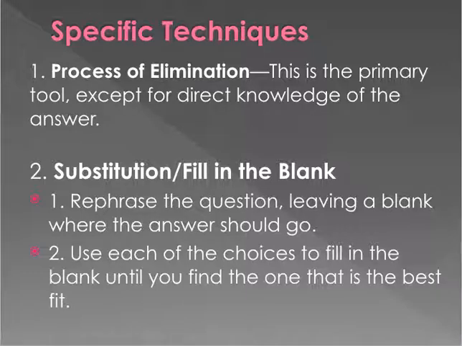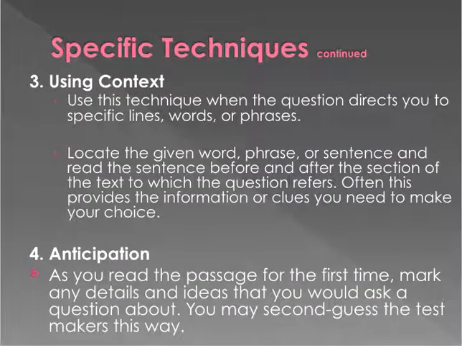It helps me get a little bit closer to the correct answer. And I also like substitution or fill in the blank. So I think about the question in terms of a fill in the blank question instead of a multiple choice, or I think about what the answer to the question is going to be before I even look at the choices, and that helps me narrow down quickly.